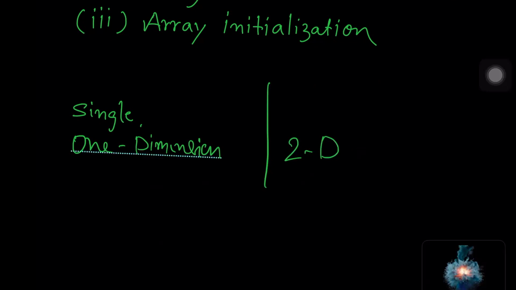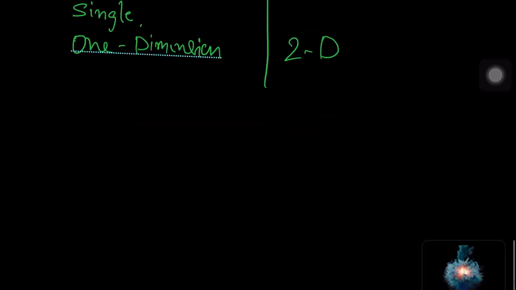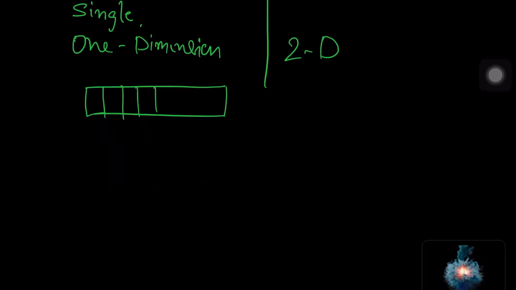So what is the difference between one dimension and two dimension? Basically one dimension will look like this. Pretty straightforward. So whatever you store, let it store here 10, 40, 60, 70, 80, 90, 20, 25. So this is called a one dimension array.